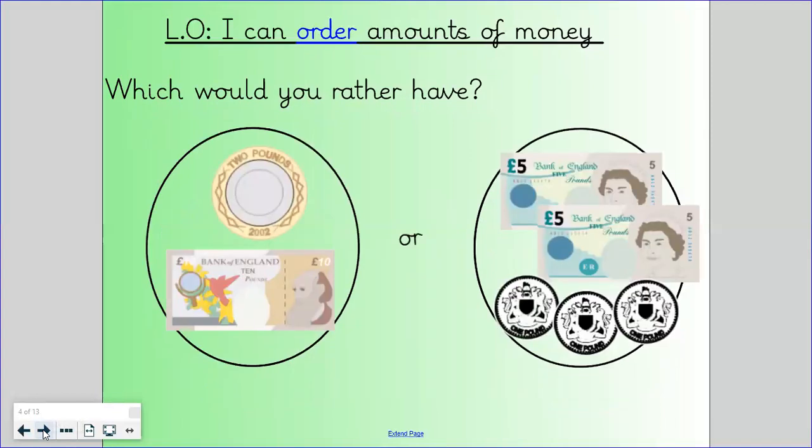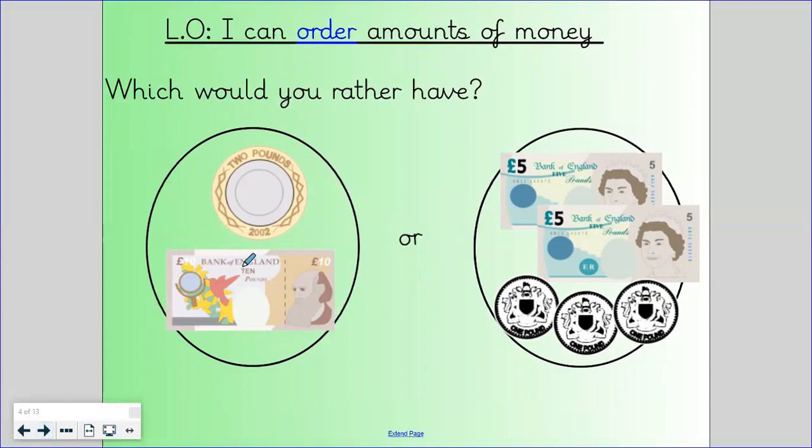Which one would you rather have? Imagine somebody's giving you some money. Again, initially you might look at the circle on the left and think, whoa, a £10 note, definitely choose that circle.